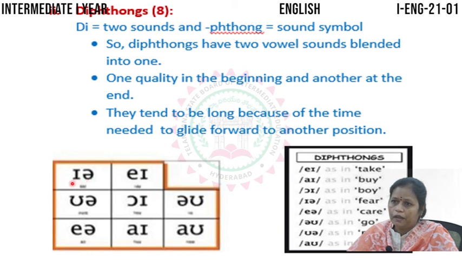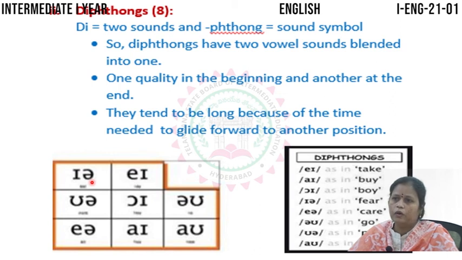So it starts with the e sound and ends with the a sound. It glides to another sound. This is the main feature of a diphthong: it starts with one sound and ends with another.